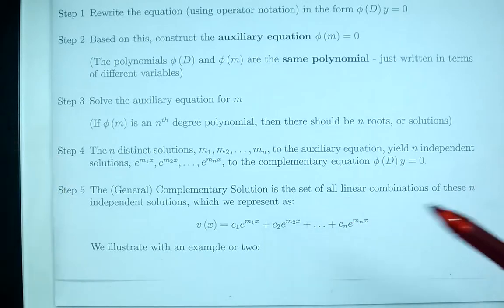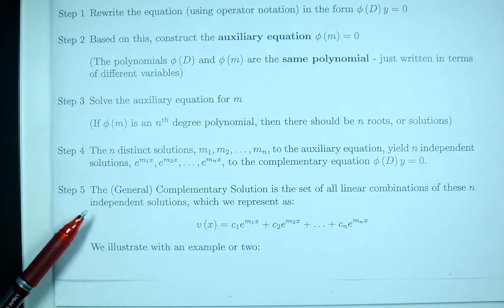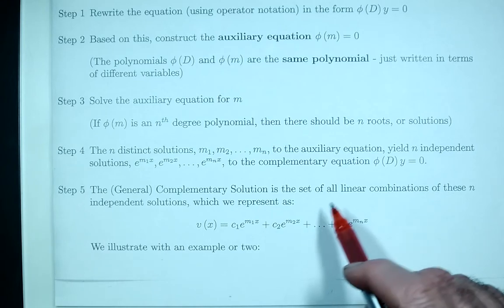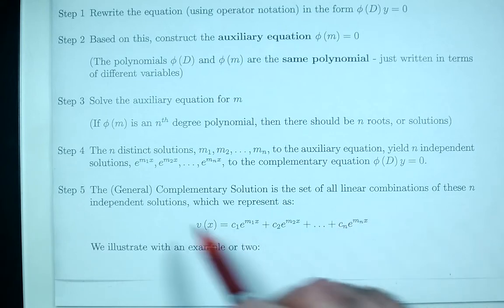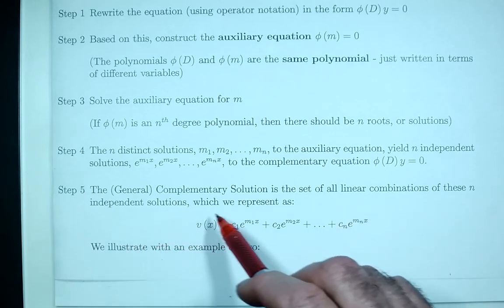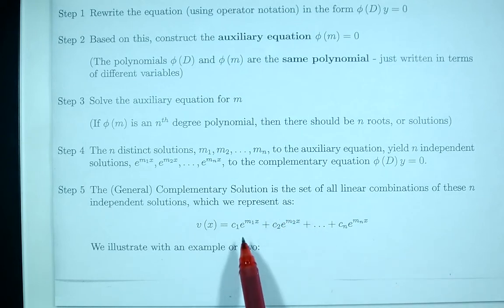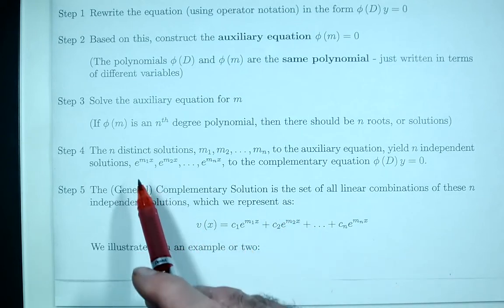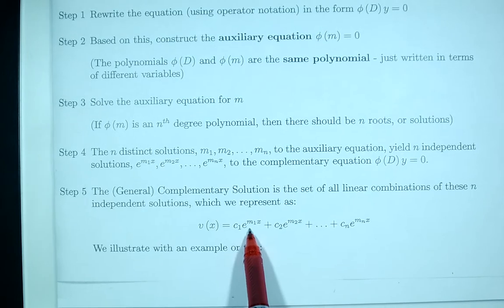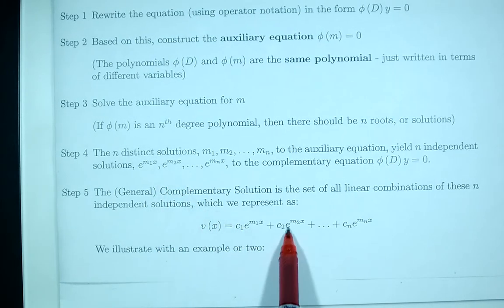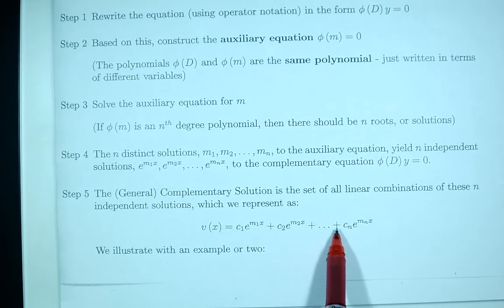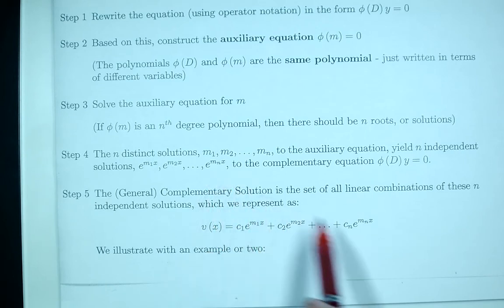Now here's the punchline. The general complementary solution is the set of all linear combinations of these n independent solutions. So C1 times this thing, C2 times that thing, plus, plus Cn times that thing.